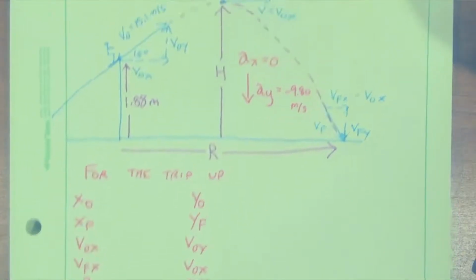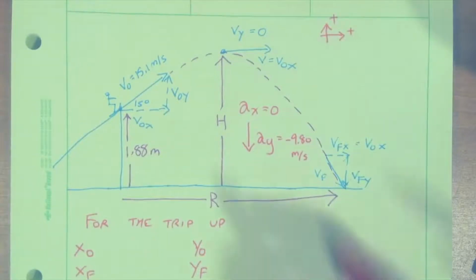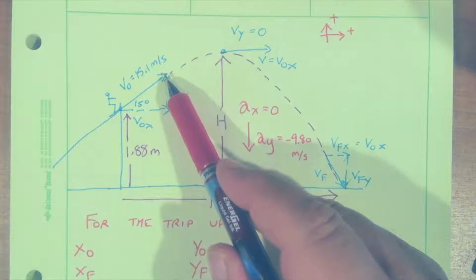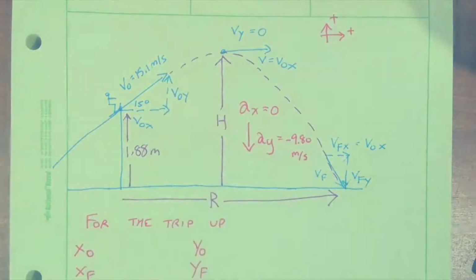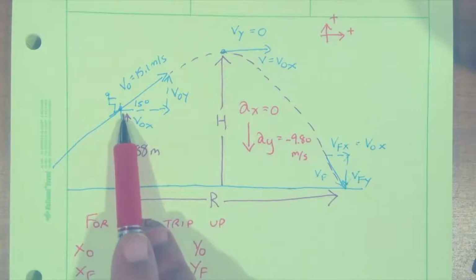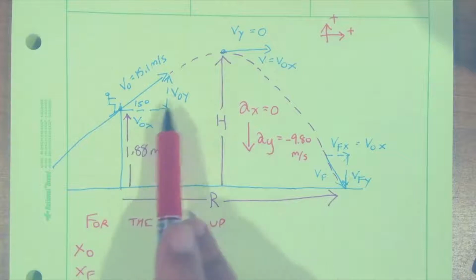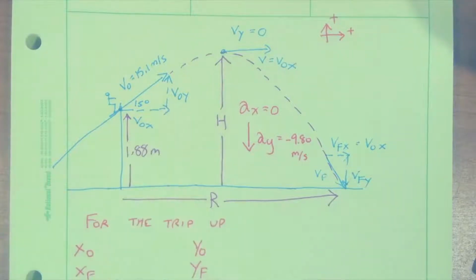And the first place we separate them is right here at the beginning. She takes off from the ramp at a speed of 15.1 meters per second and an angle of 15 degrees to the horizontal. That means her velocity is going to have a horizontal component, which we're going to call v naught x, and a vertical component, which we're going to call v naught y.